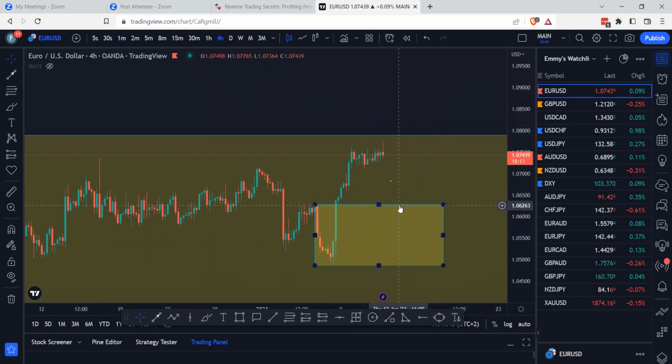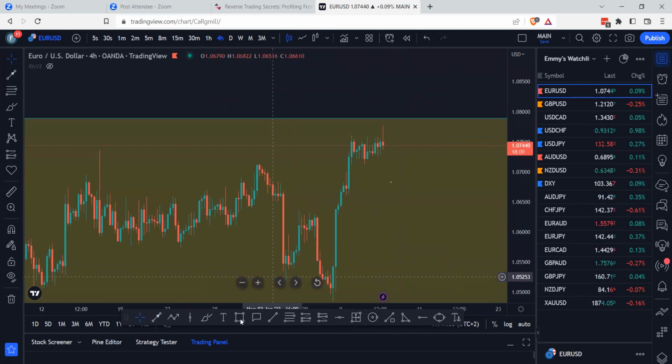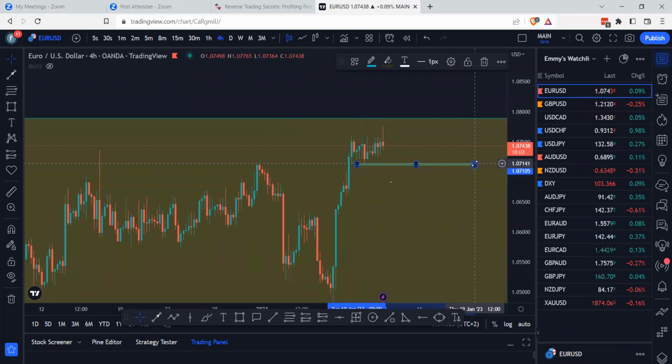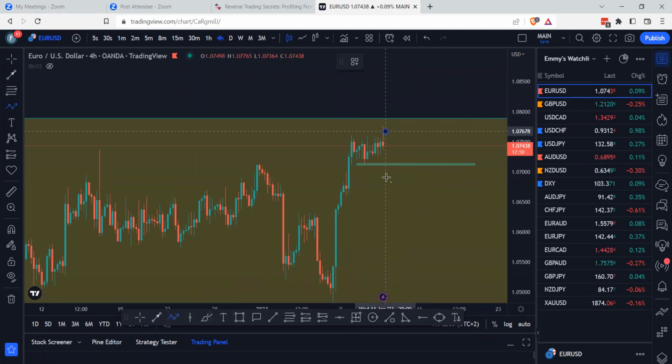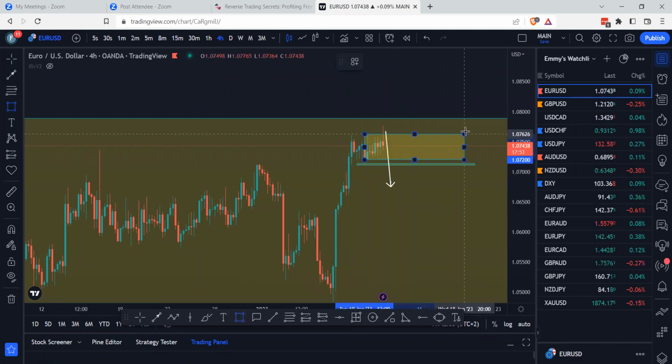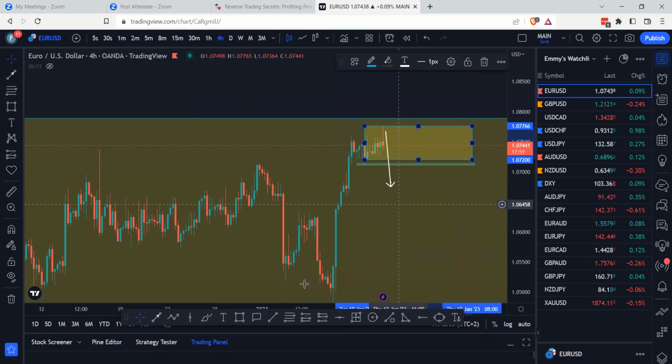Personally, I'm waiting for a sell setup, if I'm being honest with you, okay? So I want price to break the zone. Once that break happens, then I'll wait for price to retrace into this supply.